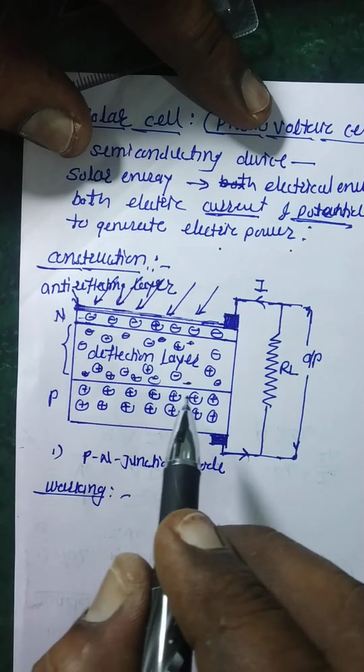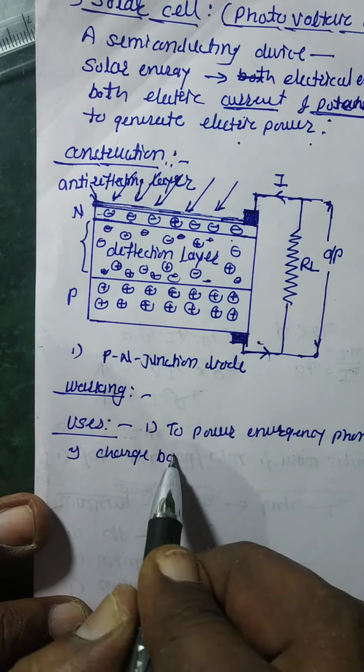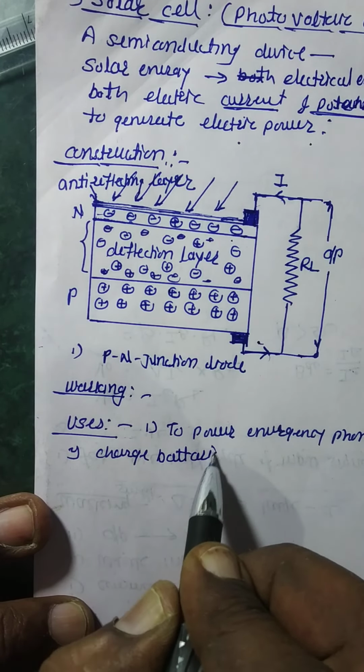Uses of solar cell: to power emergency phones on expressways. Solar cells are used to charge batteries during daytime so that they can be used during night time.